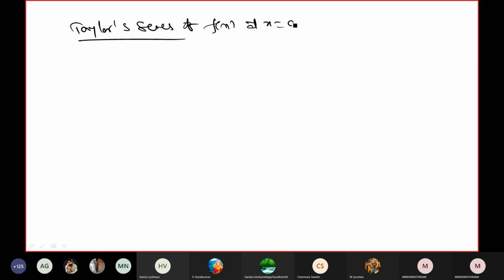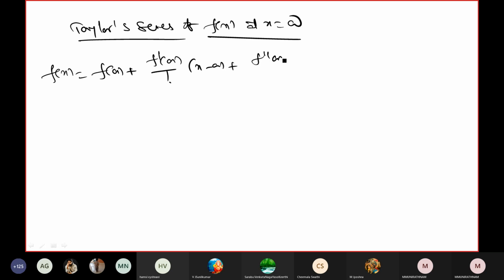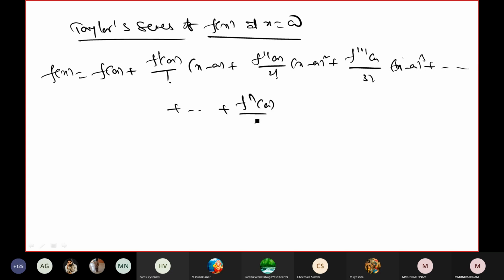The Taylor series of f of x at x equal to a: f of x will be f of a plus f dash of a by 1 factorial into x minus a, plus f double dash of a by 2 factorial into x minus a whole square, plus f triple dash of a by 3 factorial into x minus a whole cube, plus and so on, f power n of a by n factorial into x minus a whole power n.